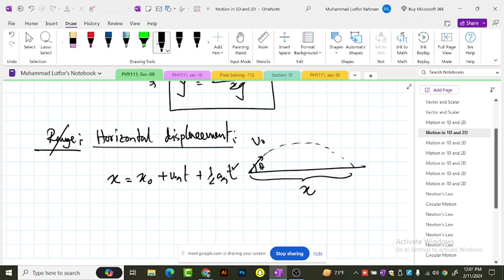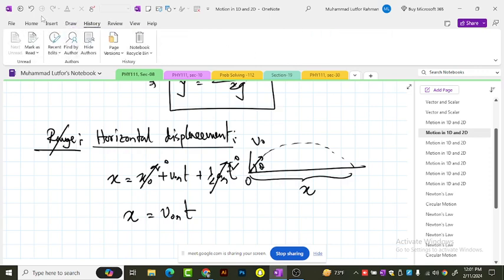I'm writing from the beginning so that you can understand. Since it moves at a constant velocity along the x direction, the acceleration will be 0. I choose this as my origin, so x naught will be 0. Then I simply get x equal to v naught x t, which is the constant velocity formula, s equal to vt, right?